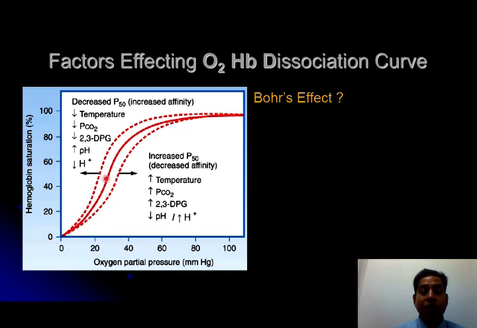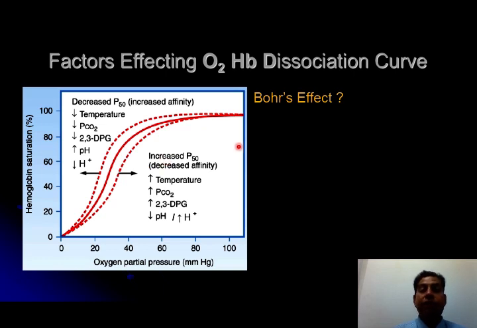Now, if the curve shifts to the right, the P50 is now more than 27. Now it is closer to 40. So this is what you mean by an increased P50, which means there is a decreased affinity. So for the same given partial pressure of oxygen, it is more difficult for oxygen to stay bound to the hemoglobin.